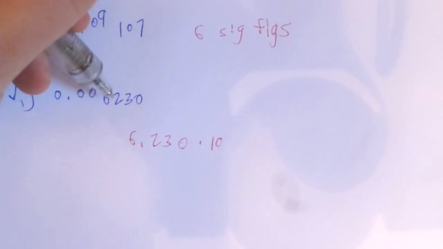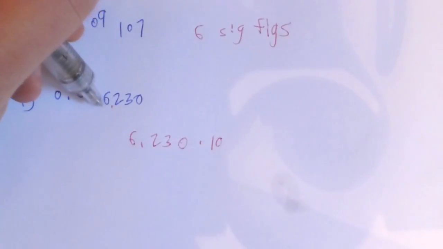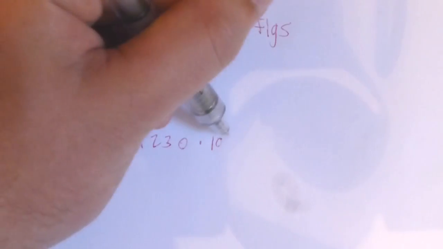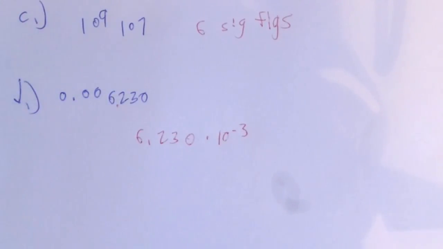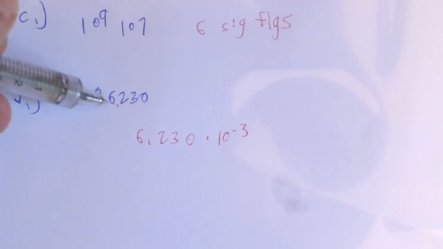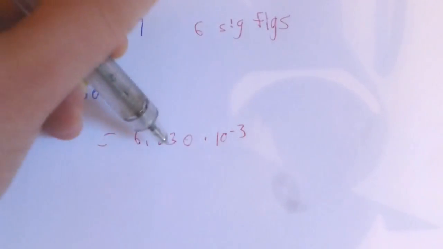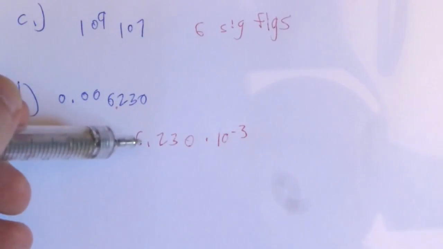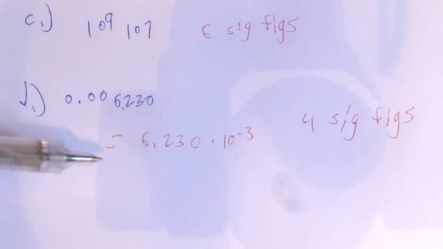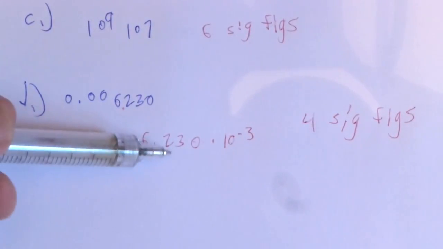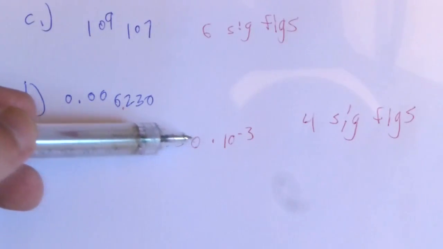6.230 times 10. Let's put our decimal point here. 1, 2, 3. 10 to the negative 3 places because we moved our decimal back 3 places. Since this can also be written as this, we only count 1, 2, 3, 4 sig figs. Because, again, our range is plus or minus 0.001.